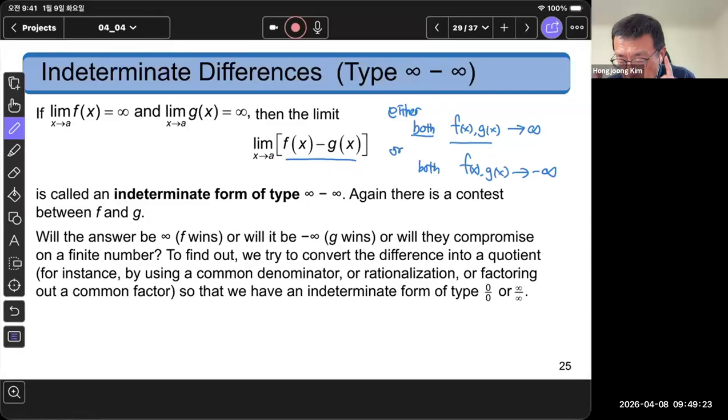Okay? In that case, you need to change the expression somehow.